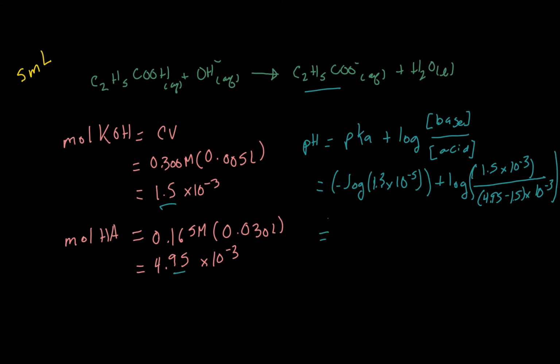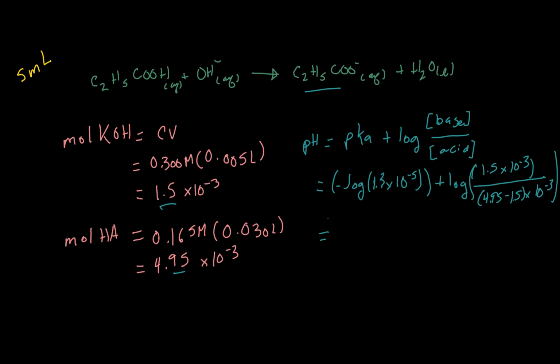Log 1.3 times 10 to the negative 5. Okay. We're going to add to that the log of 1.5 times 10 to the negative 3 divided by 4.95 minus 1.5 times 10 to the negative 3.